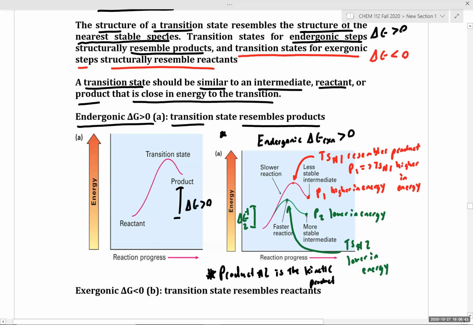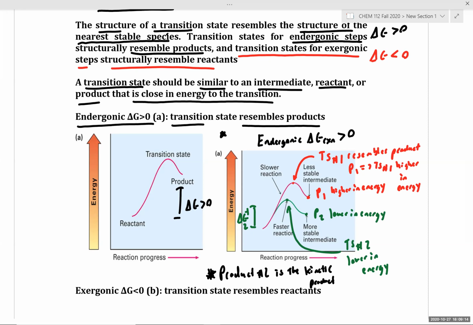As a result, this reaction, if it's run under kinetic control, will typically favor generating product 2 preferentially over product 1 because the activation energy is lower. Does that make sense to everyone? Does that idea make sense? Any questions on this example?